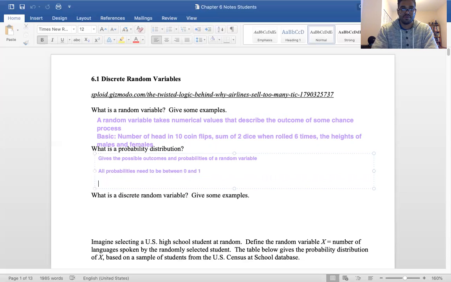Kind of makes sense, right? We're not going to have negative probabilities, and we're not going to have something that's more than 1. And the sum of all outcomes must equal 1, which is known as a CDF, cumulative distribution function. When it's cumulative, it adds everything up. That's the idea there.